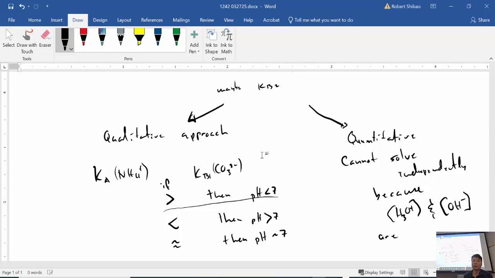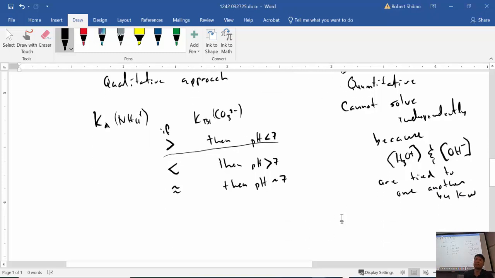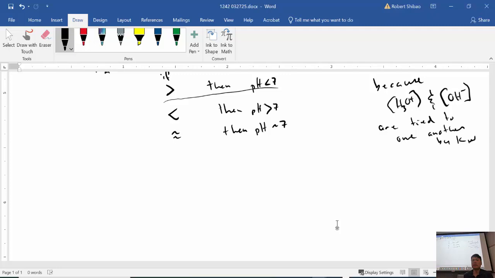They are tied to one another by Kw. So we've seen this kind of problem before. We can't solve this stepwise. We can't solve them independently. We have to solve them simultaneously.